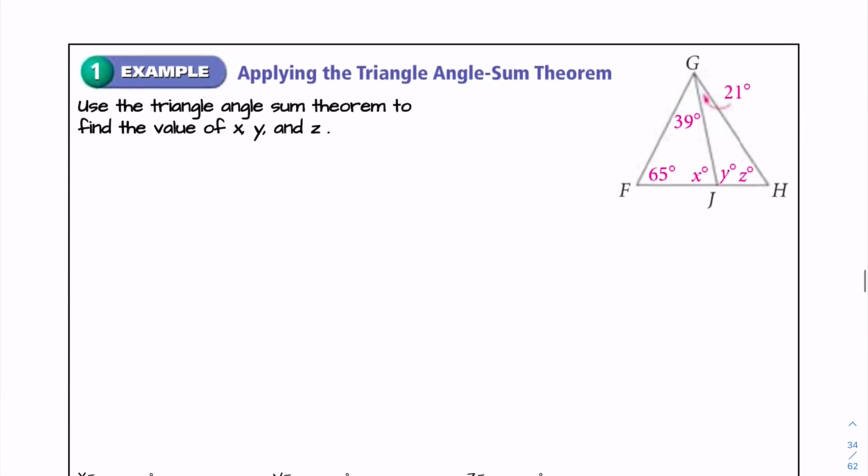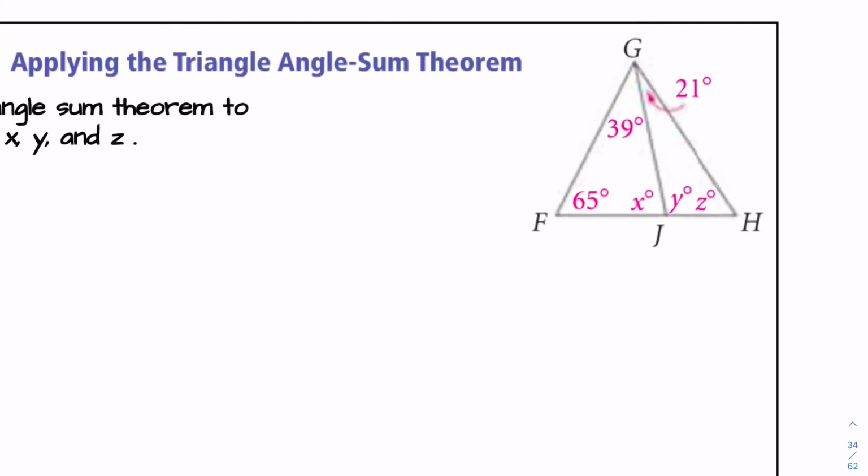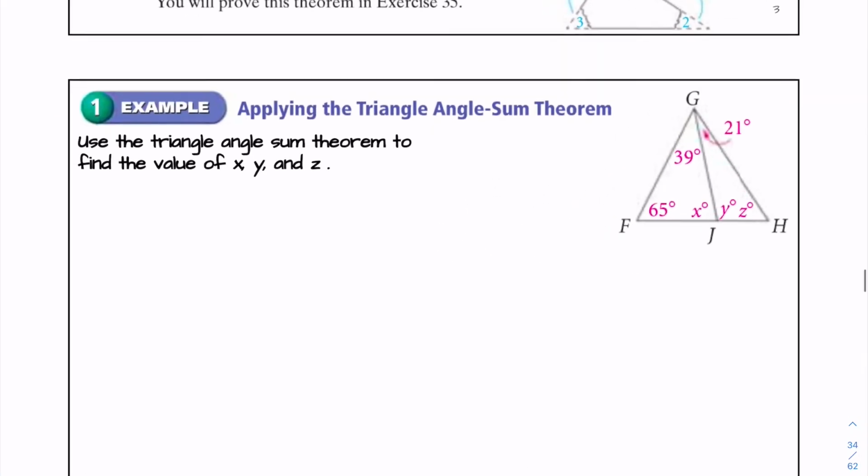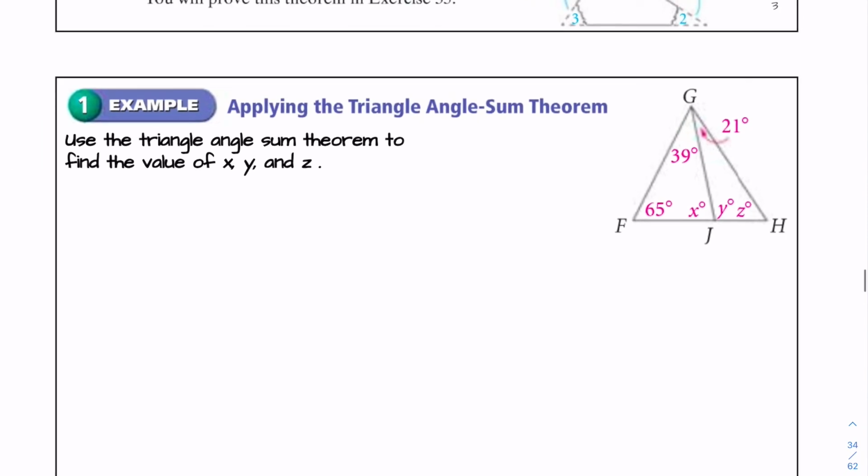Let's go down to this next problem here. Use the triangle angle sum theorem to find the value of x, y, and z. Okay, so this one is a triangle angle sum theorem. This is not the exterior angle, so I'm just going to use what I know about a triangle. I know a triangle has 180 degrees. So let me look at triangle 1 right here.